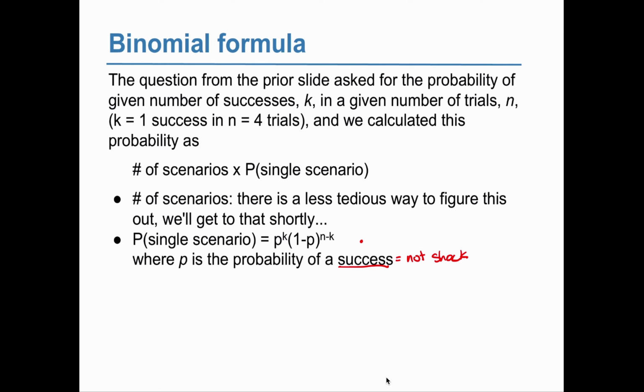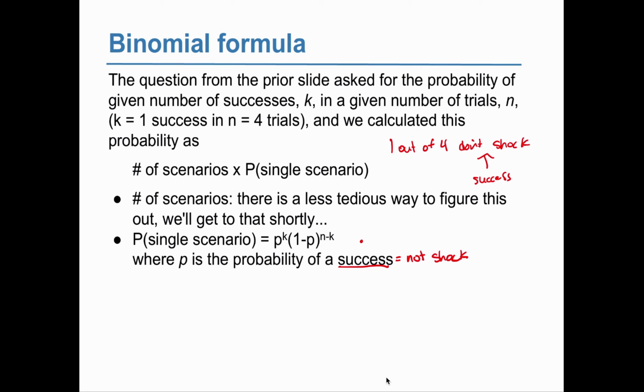Not giving a shock is the success. So make sure you're paying attention to what's a success and what's a failure, otherwise you're going to get your numbers mixed up.